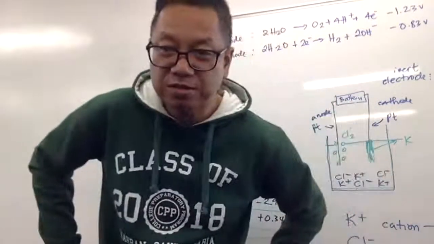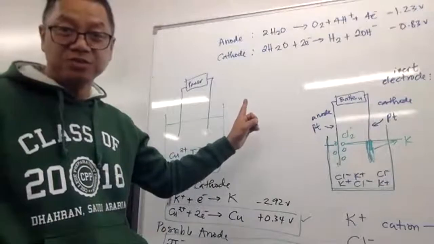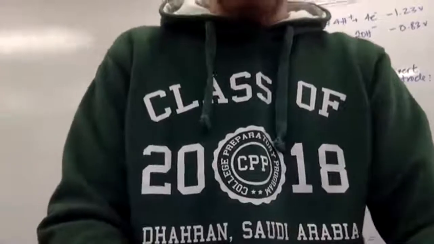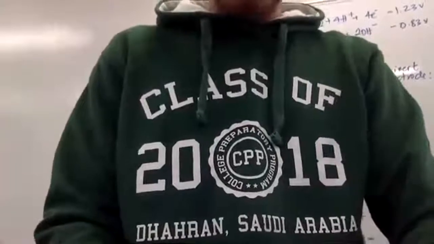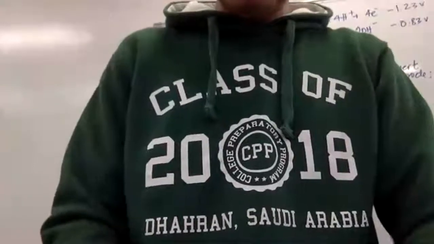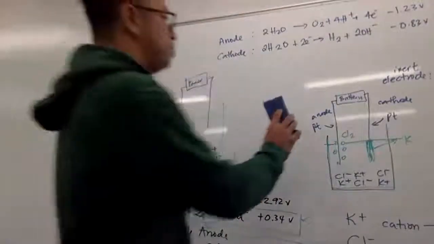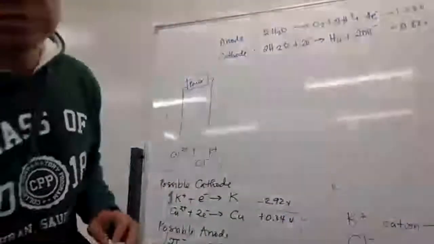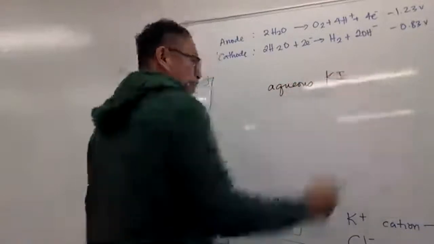See, this is what we had before last year. If both reactants and products are aqueous, what do you mean aqueous? If it's aqueous, you need to include water as a possible anode and cathode reaction. So for example, you have aqueous potassium iodide.